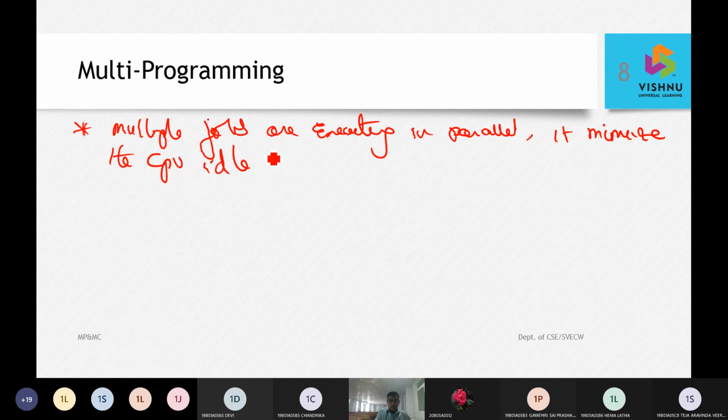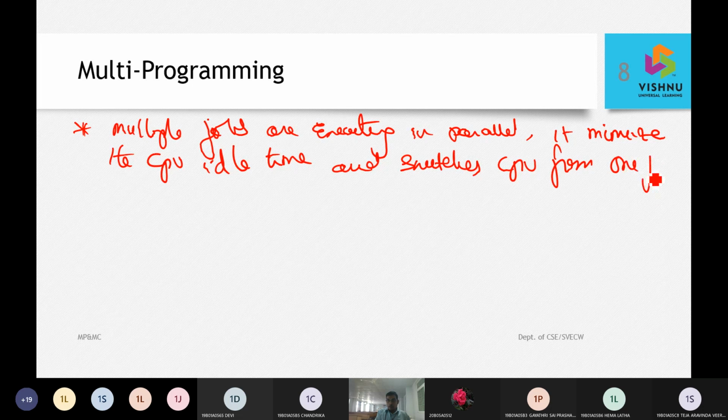It is going to minimize the CPU idle time and switches the CPU from one job to another.